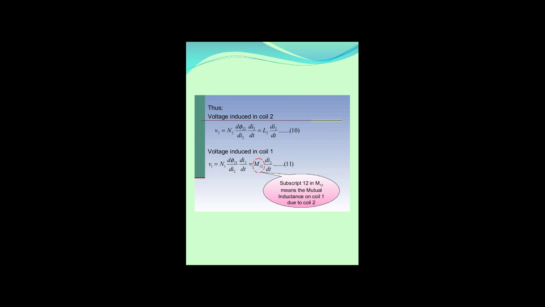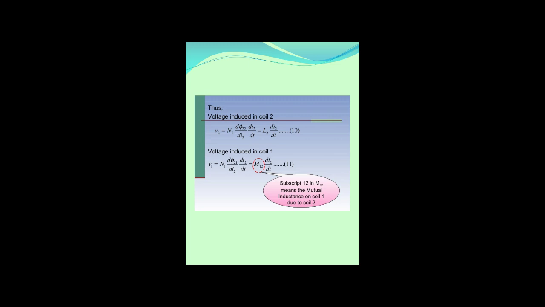Thus the voltage induced in coil 2, that is v2, is equal to N2 d phi22 upon di2 dot di2 upon dt, that is equal to L2 di2 upon dt, equation number 10.